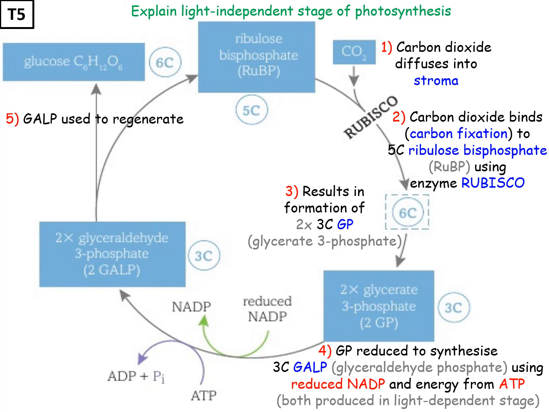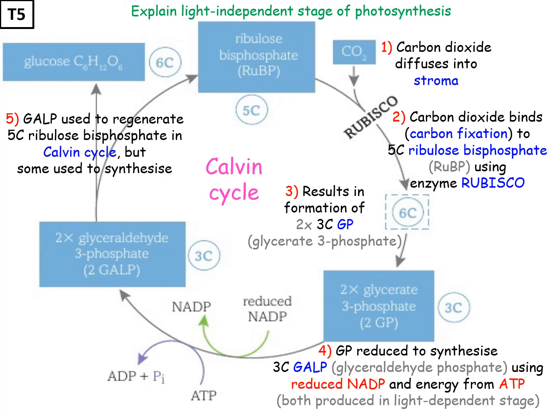That GALP molecule can be used to regenerate the 5-carbon ribulose bisphosphate in the Calvin cycle so that this cycle continues. However, some of it is used to synthesize 6-carbon glucose.